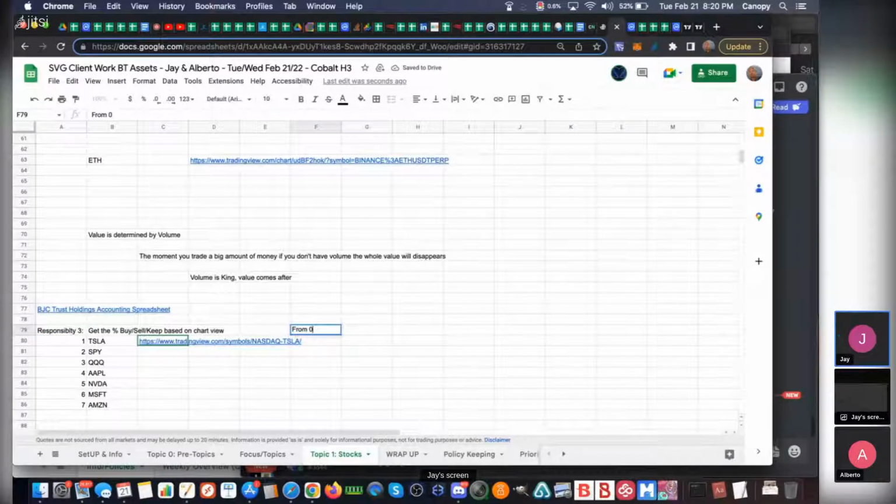From 0 to 100%. So for Tesla, I'm fine with anything, we could do 35. 50 would be the mid, and I don't think it's mid. It still looks to me like it's going down. So I would say 35 to 30. I think 40 would be my max.